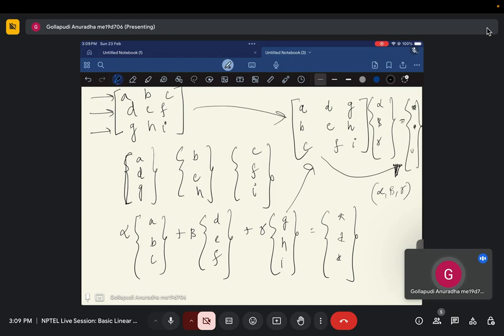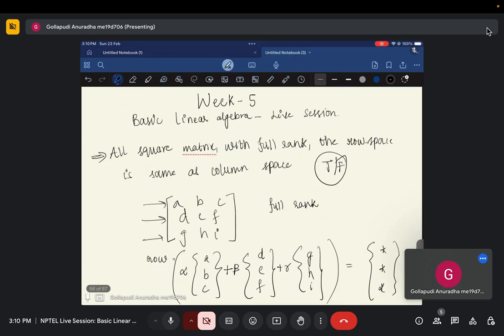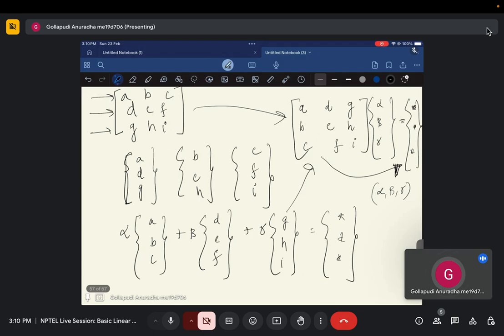Because from the linear combinations of the row space, we can also get any vector in the column space, the row space and column space will be the same. So this is a true statement: for all square matrices with full rank, the row space and column space will be the same. This was a question asked last time, and here's the answer. I hope it is clear now.